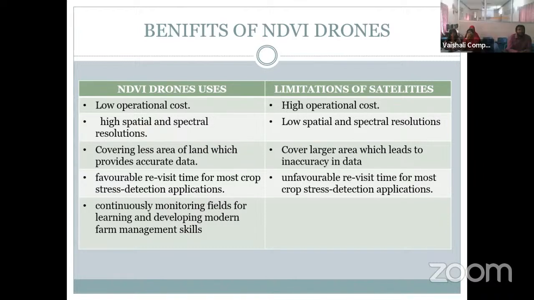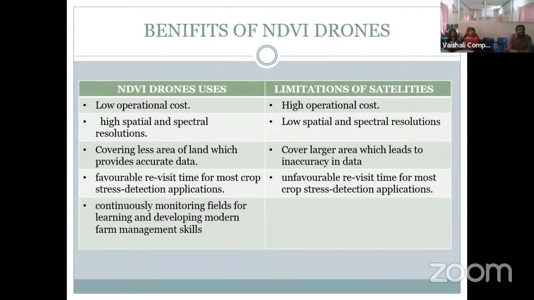In past days, we used satellites to collect this data. By deploying NDVI drones, we can achieve a low operational cost when compared to satellites. These NDVI drones give high spatial and spectral resolutions rather than satellites.